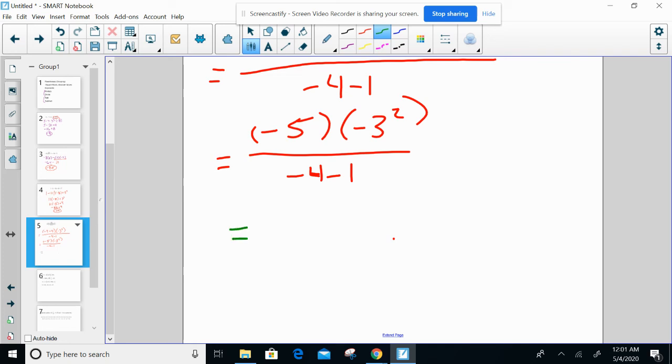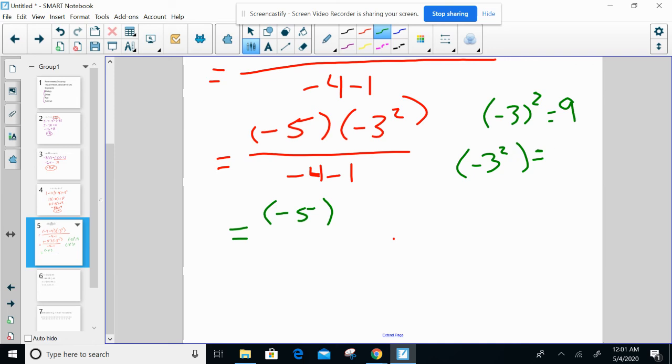Next, we took care of everything grouping-wise. Now we take care of the exponent. Now, this is kind of weird. If this looked like this, with the exponent on the outside, that would mean it becomes positive, right? Because negative times a negative equals a positive, and this means negative 3 squared. Now, because the square is on the inside, this is a weird little rule. Your calculator actually understands this.